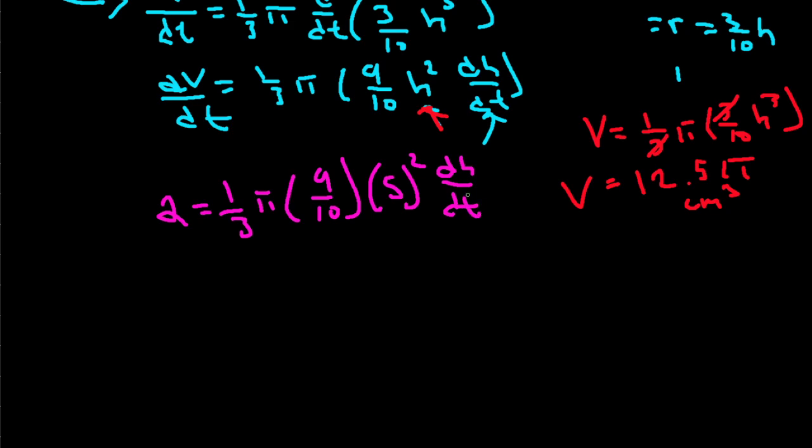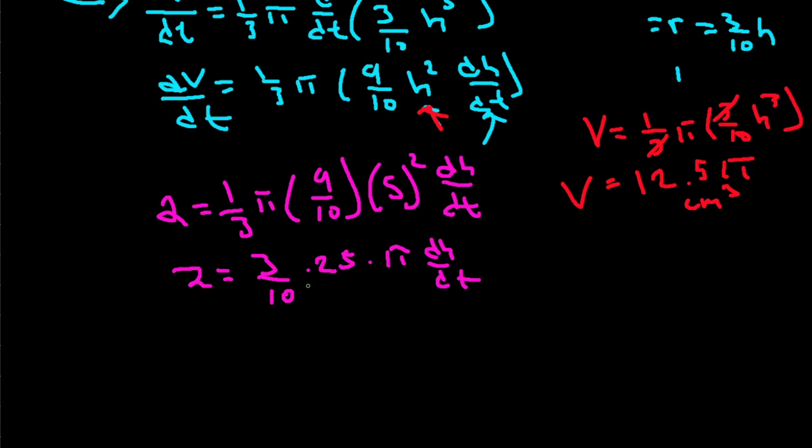And now it's just a simple calculator problem. Now we just gotta plug this in and solve for dh/dt. So we're gonna have 2 equals 9 divided by 3 is 3, so we're gonna have 3/10 times 25 times pi dh/dt.